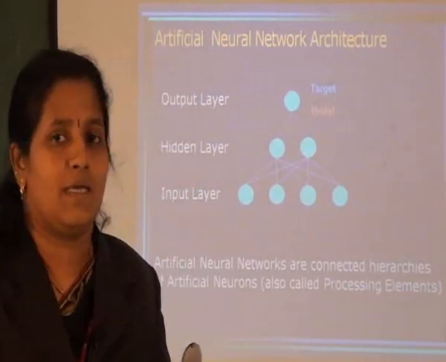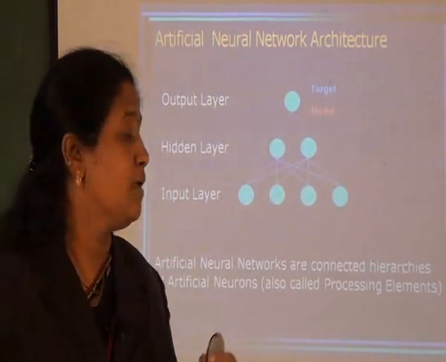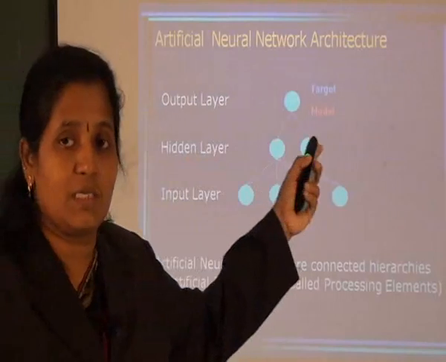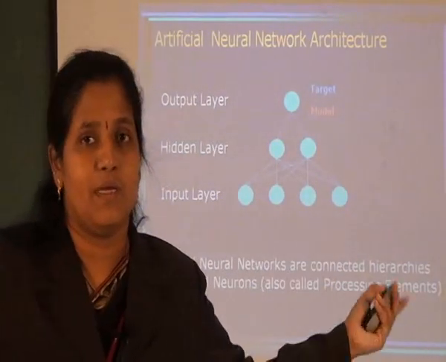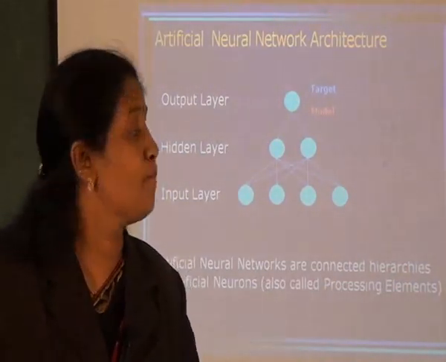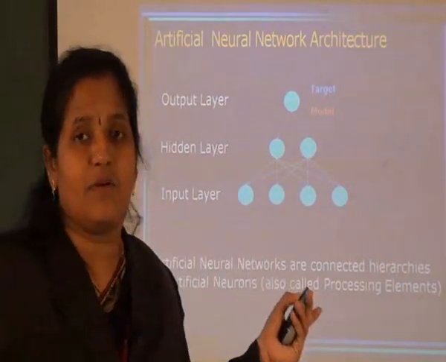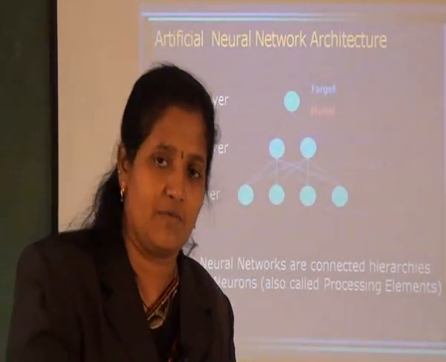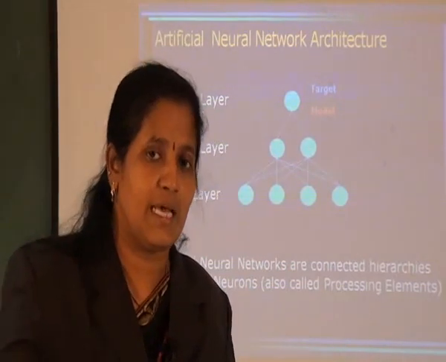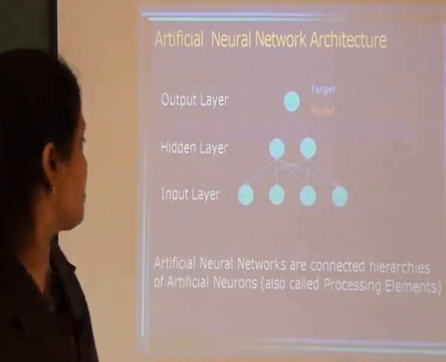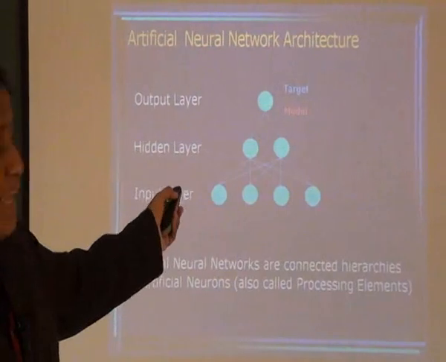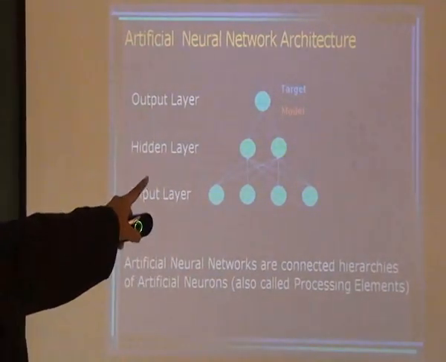It compares them, and if there is a difference, that is called error. We will discuss that later. As of now, just understand the three layers: input layer, hidden layer, output layer.